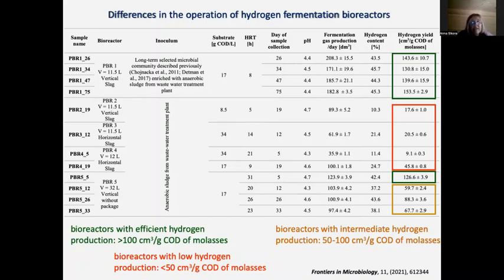And our results indicate that cross-feeding of lactate favors hydrogen production and is a relevant pathway in a high efficiently hydrogen producing microbial communities. And this study was published in Frontiers in Microbiology. Next slide, please.